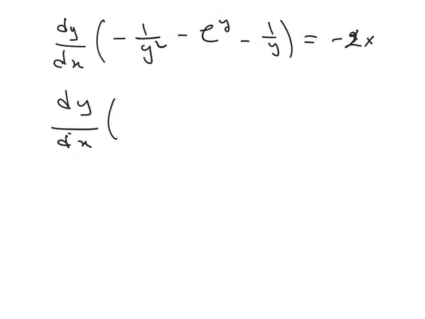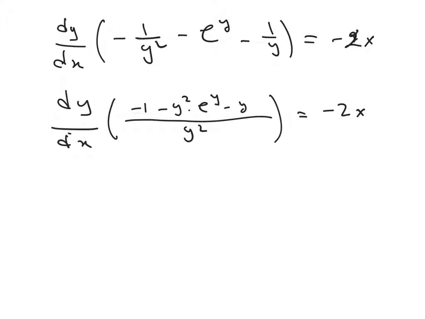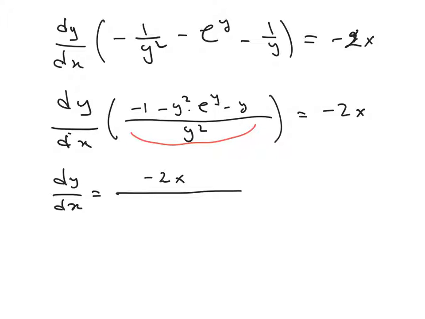We now put all these rational expressions over the same denominator. So this common denominator y squared gives minus 1 minus y squared e to the y minus y, equal to 2x. We now have dy over dx equal to 2x divided by the expression.